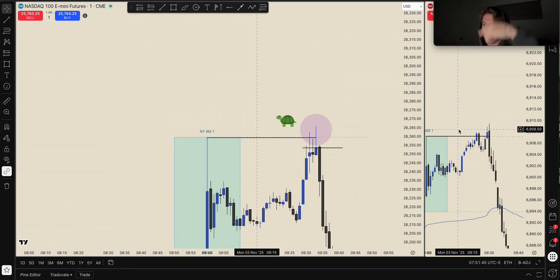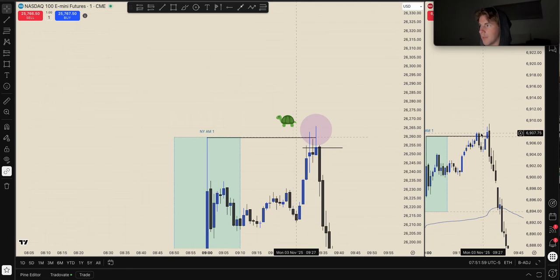Same opposite thing. If it's going to buy up, it wicks down, takes the low, and then closes above. A liquidity sweep is the same thing. It just closes above the higher low that it takes. So this high, it would close above, like it did here. It closed above and then turned around. Same with the low. It would close below and then turn around. Simple stuff, right?